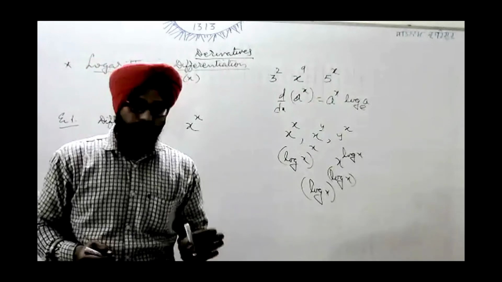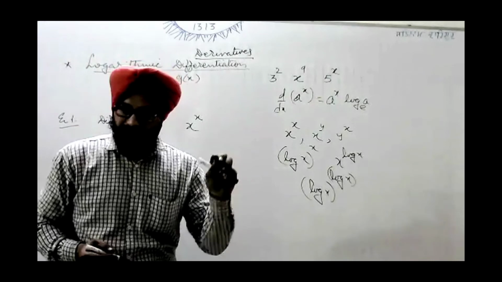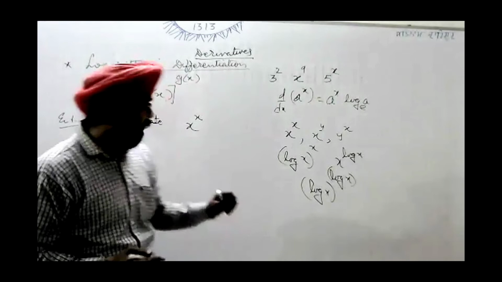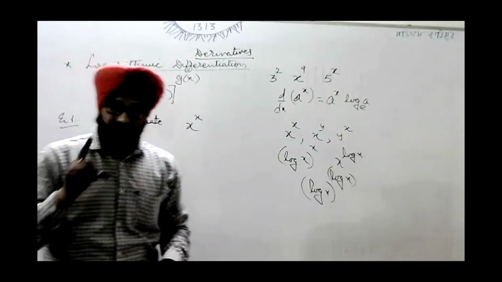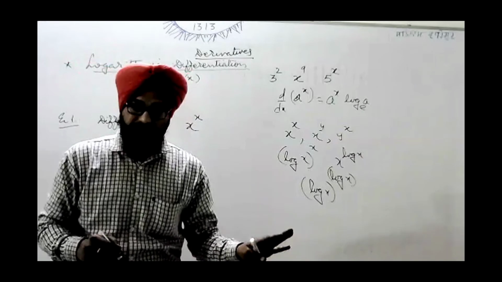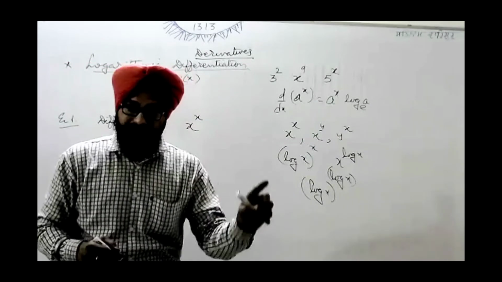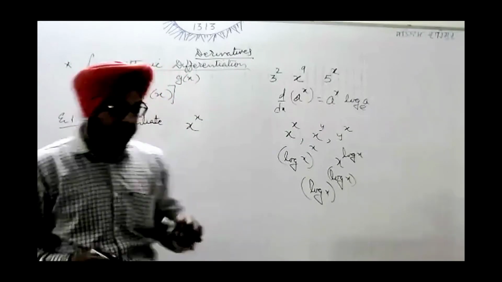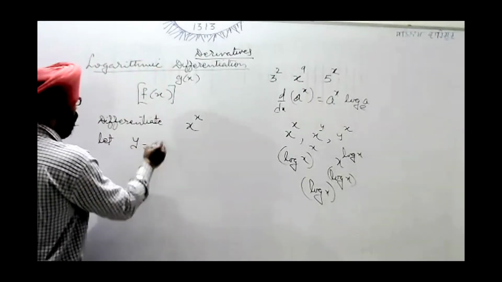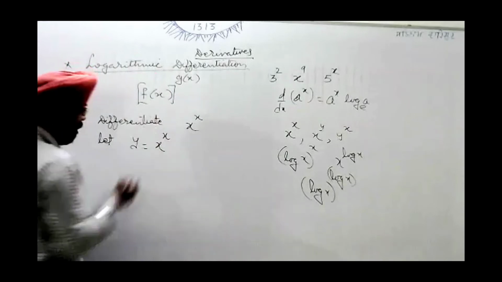The reason is that when we use log, listen to my words, we need an equation. And which log am I saying? The base will be taken as e every time. It's calculus, not base 10. So we say let y be equal to x raised to the power x.